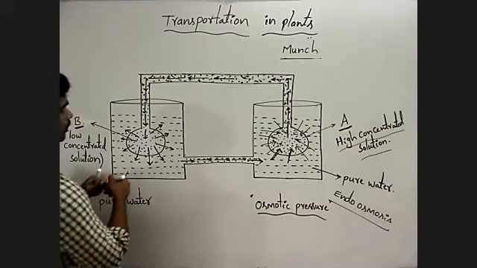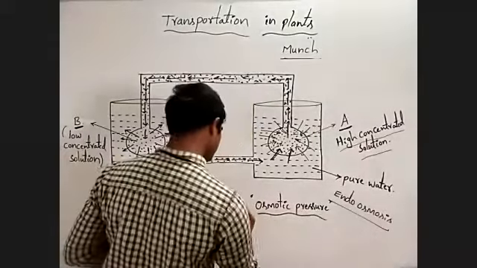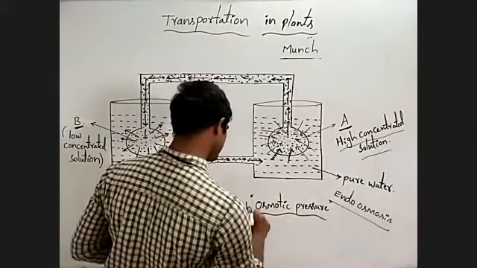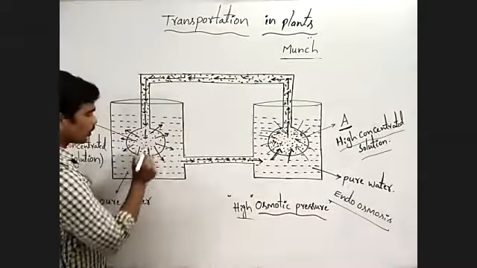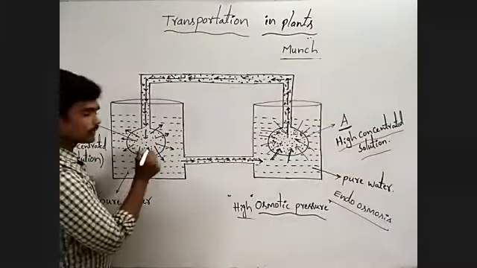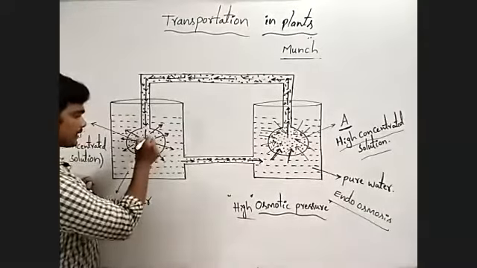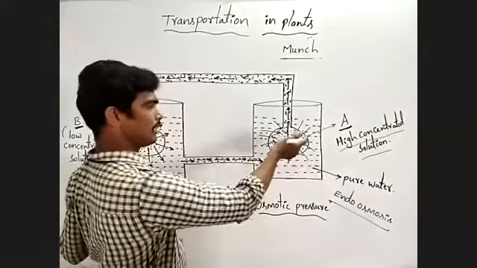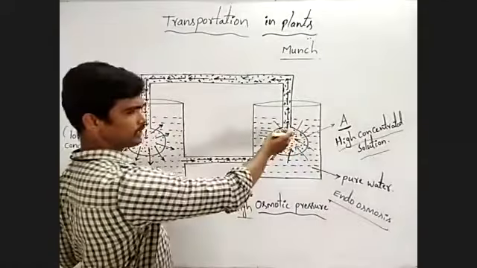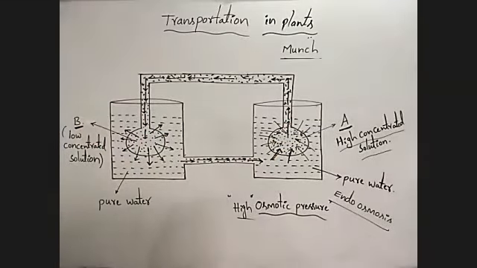Here low pressure, here high pressure. High osmotic pressure is created here compared to there. Here also water first enters the osmometer, but low pressure is created. Here high pressure, there low pressure. The solution is transported from the high pressure region to the low pressure region.